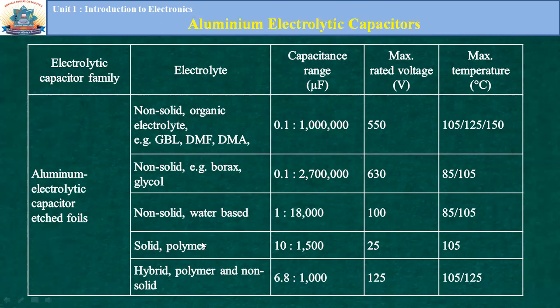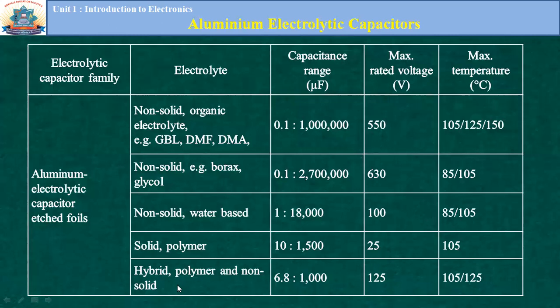Then solid polymer, yes, polymer can also be used, like what we already saw, PVP, PVT, PVN, or different types of polymer. This offers a 10 to 1500 microfarad range, operates at 25 volt, and withstands up to 105 degrees Celsius.